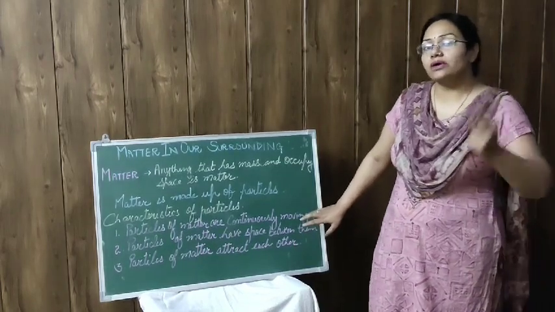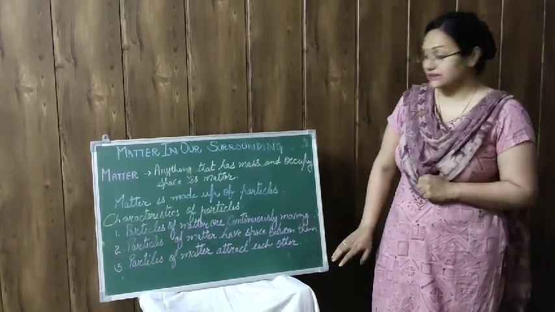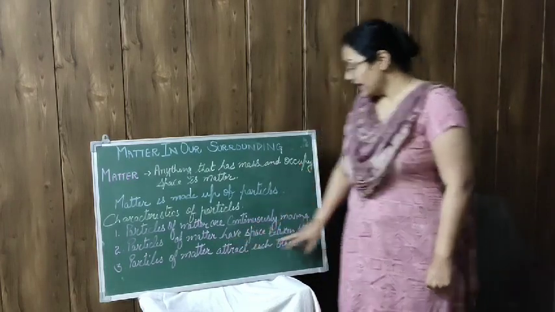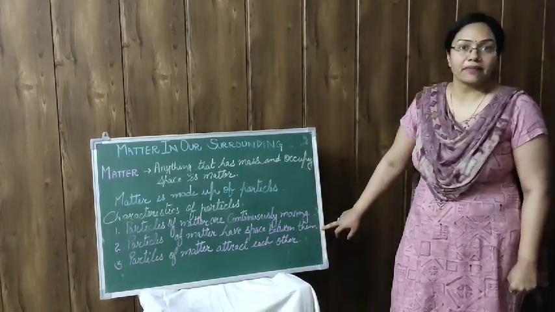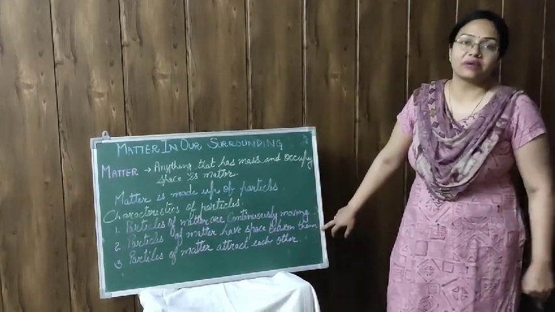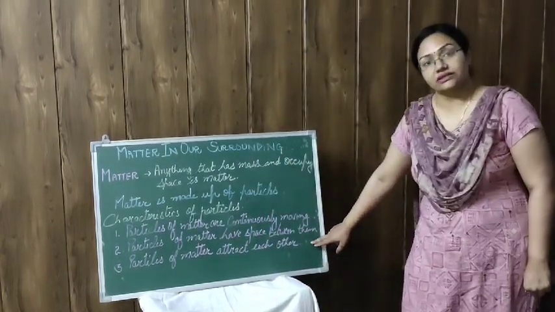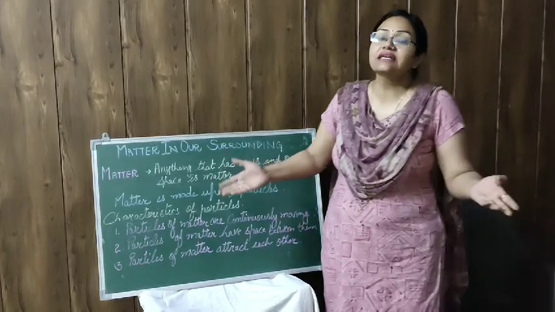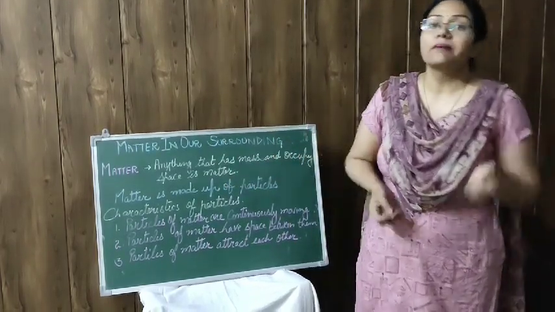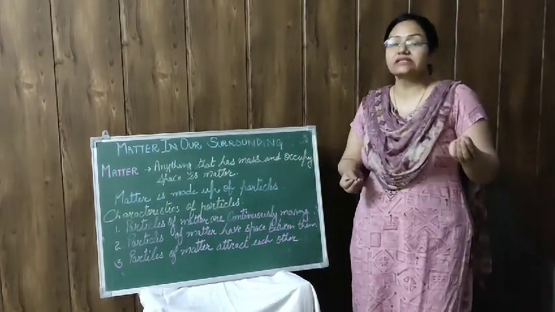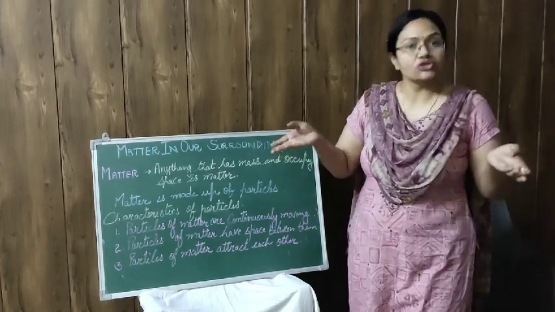The second important characteristic is that particles of matter have space between them. And the third characteristic is that particles of matter attract each other. Let us understand these characteristics by doing a few activities which can be easily done at home.